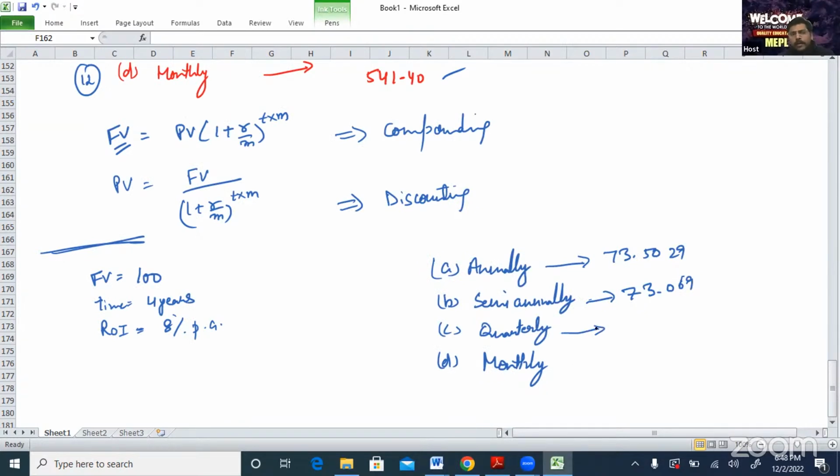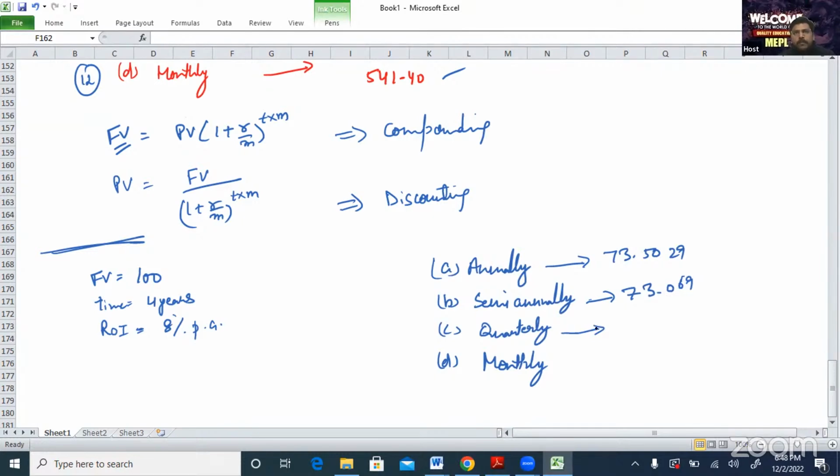Then for the quarterly, I will again first clear the TVM. So 4 years, and in every year there are 4 quarters, so 4 quarters into 4 years, my N will become 16.